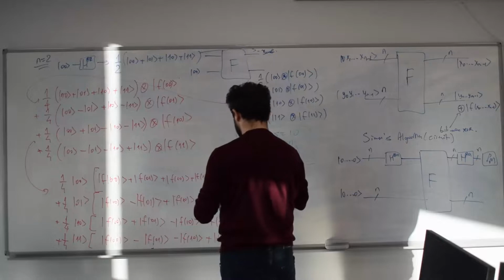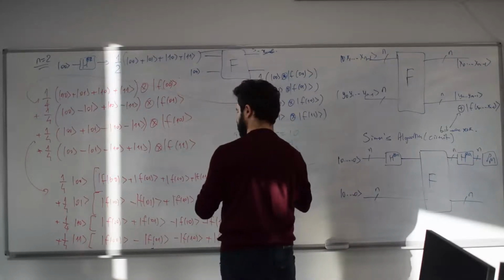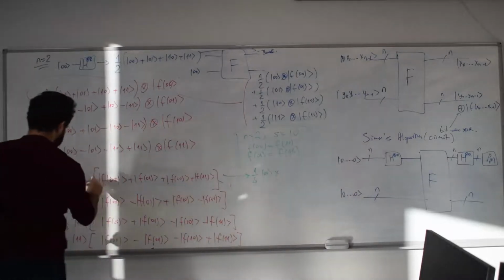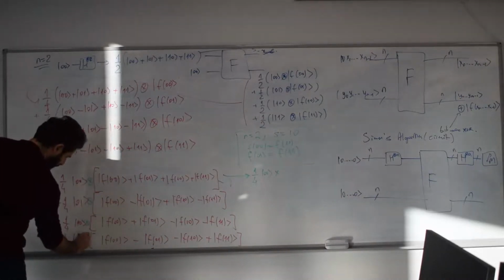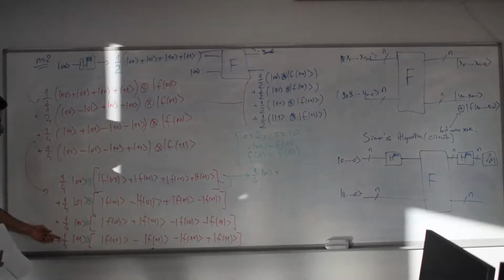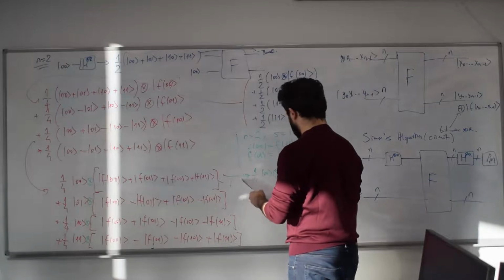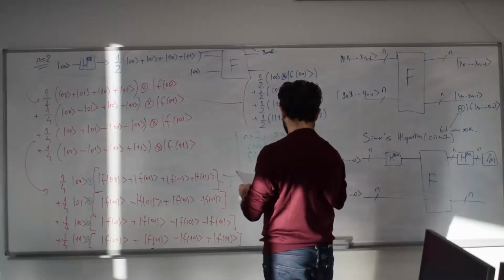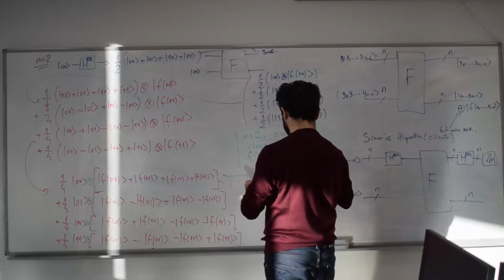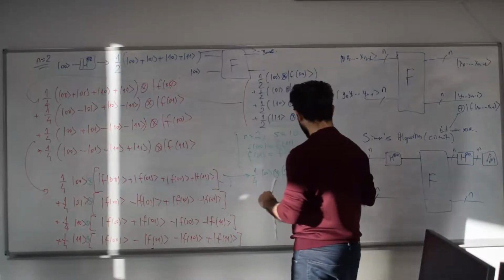1/4 |0,0⟩, and tensor, of course there are tensor signs here that I forgot to add. They're all tensored right there, because we are talking about 4 qubits here. So these are 2 and 2. So this is tensored together with the following: 2 F00, and plus 2 F01, right? Why?